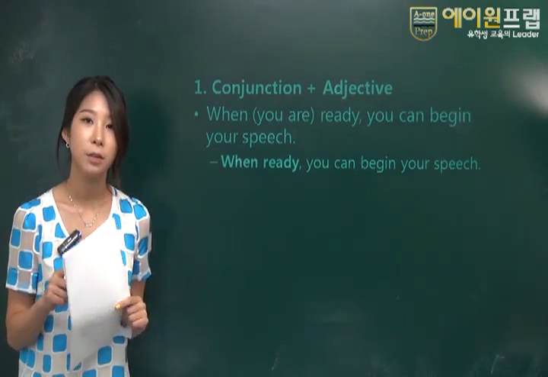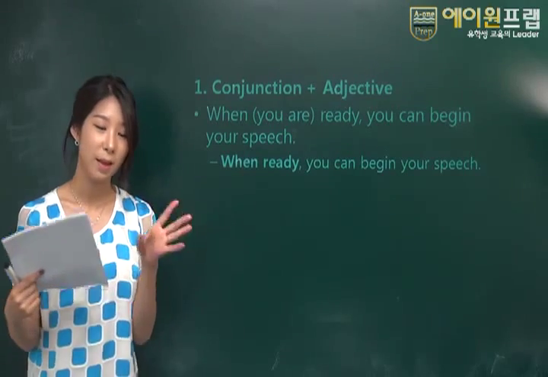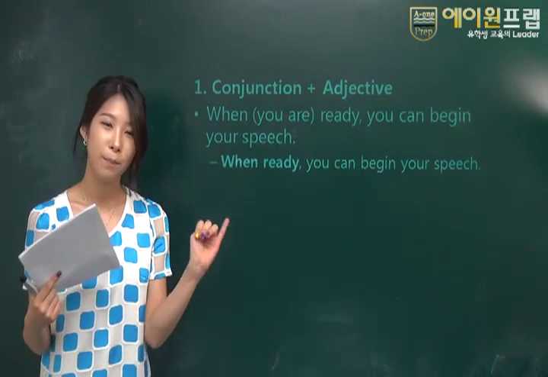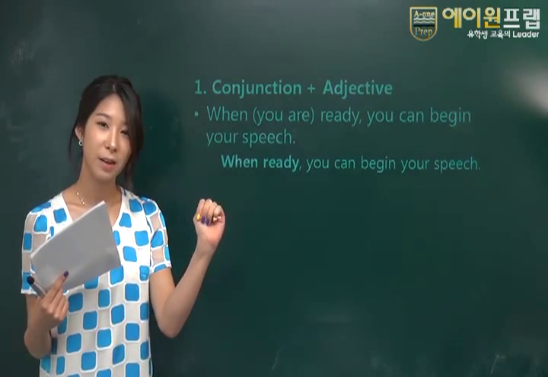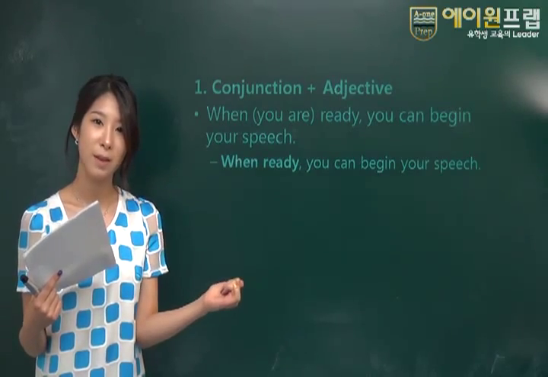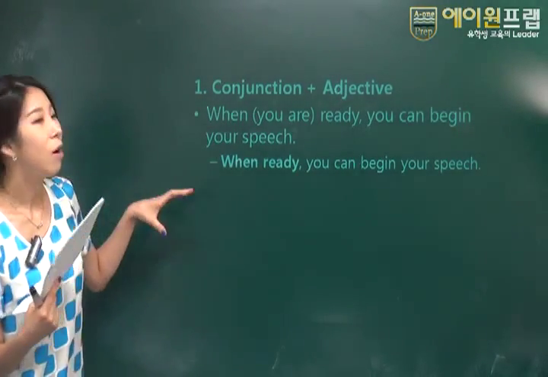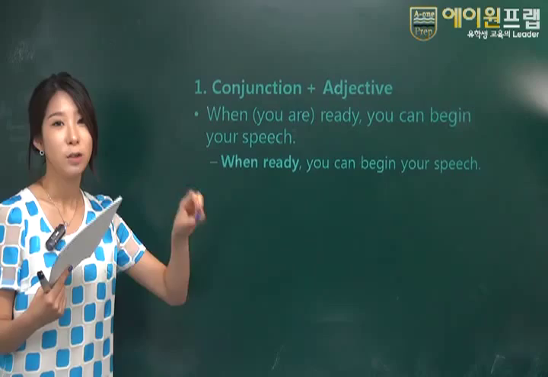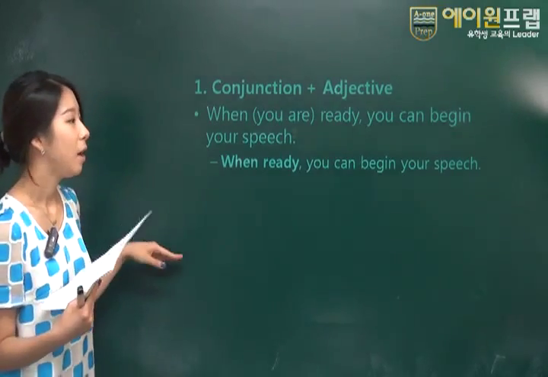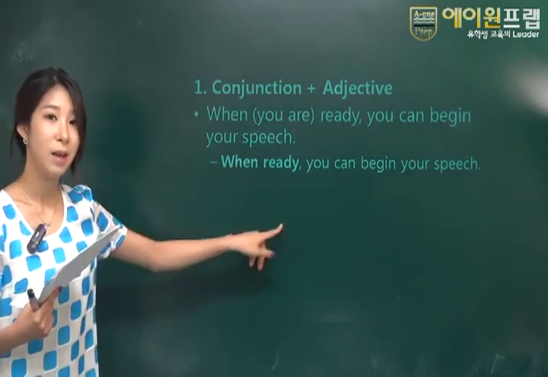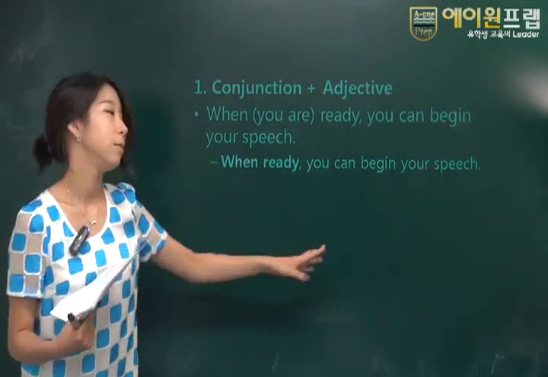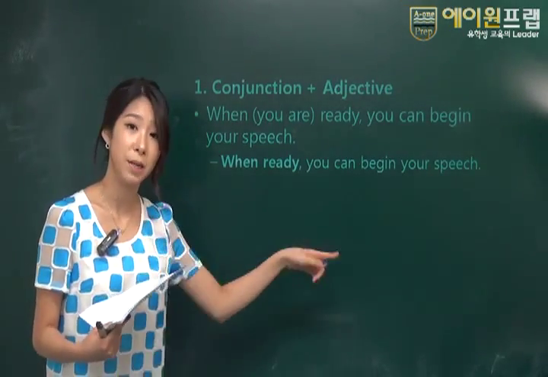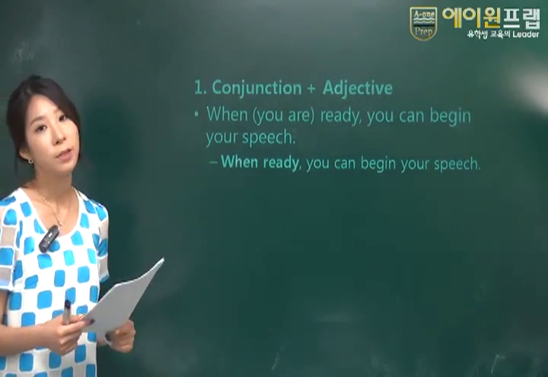Coordinating conjunctions include FANBOYS: for, and, nor, but, or, yet. They can link 2 independent sentences, like, "I ate, comma, and I'm full." So here, "and" is a conjunction that connects these 2 independent sentences. Okay? So those are the coordinating conjunctions.